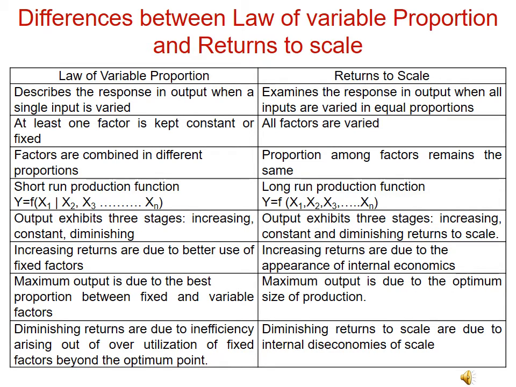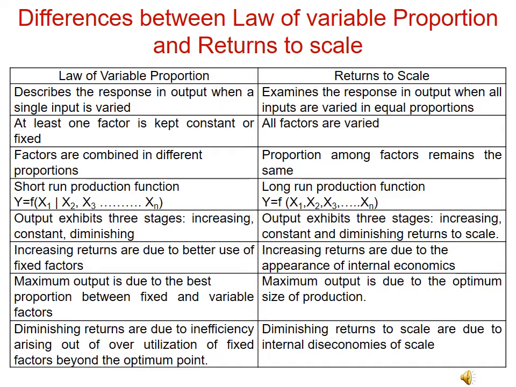In case of law of variable proportion, output exhibits 3 stages: increasing, constant and diminishing. And as we have already seen, in case of returns to scale also, the output exhibits all these 3 stages. This is one similarity. Then in case of law of variable proportion, the increasing returns are due to better use of fixed factors.